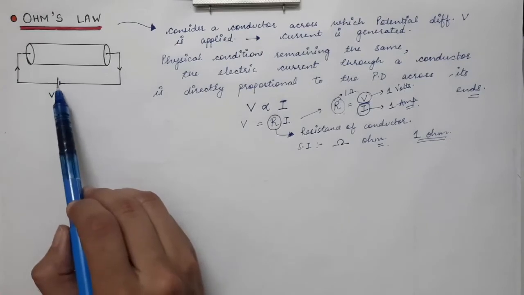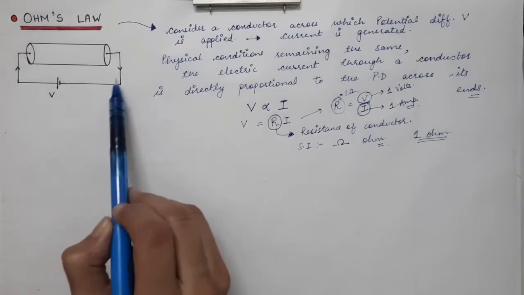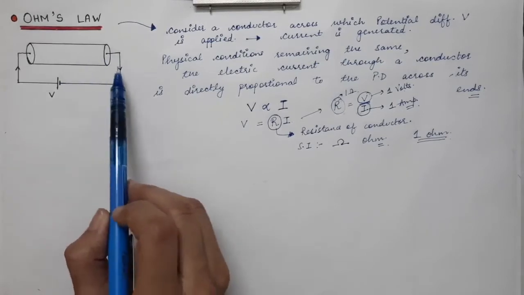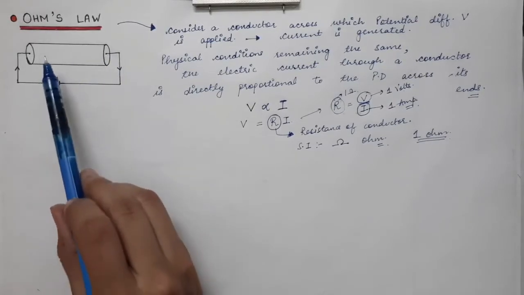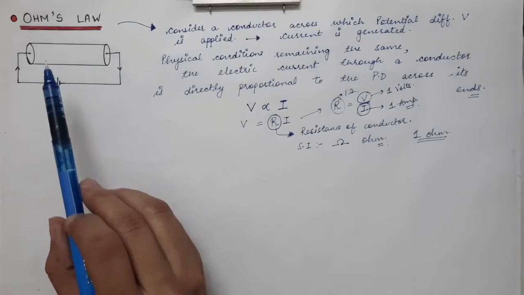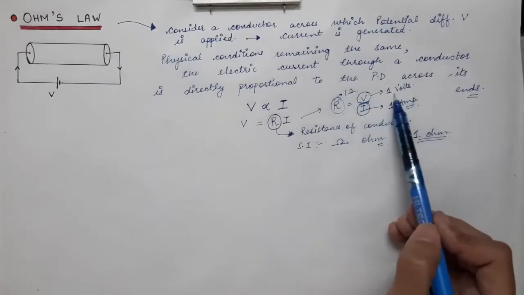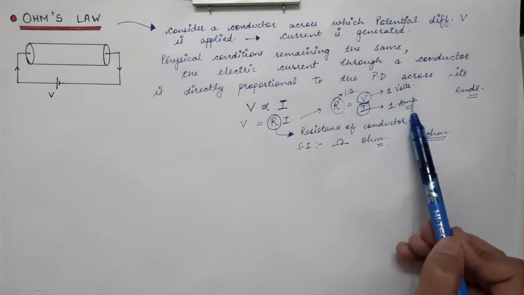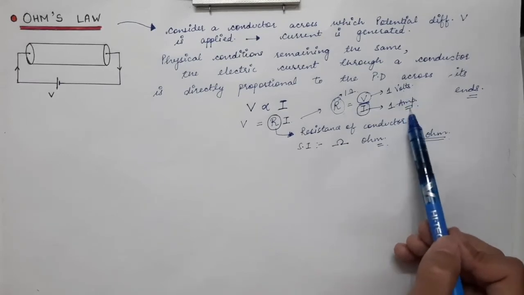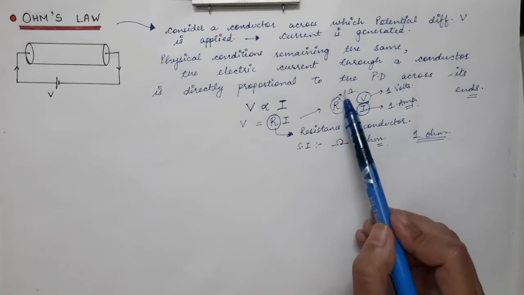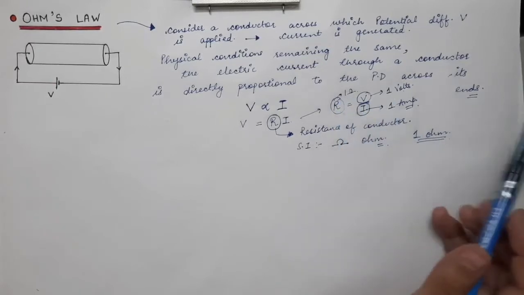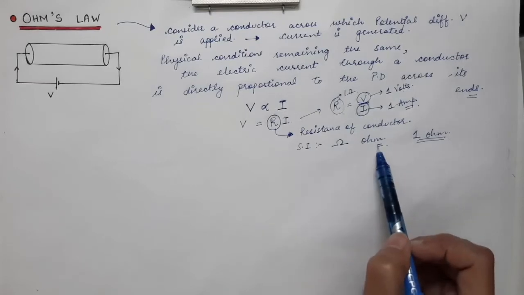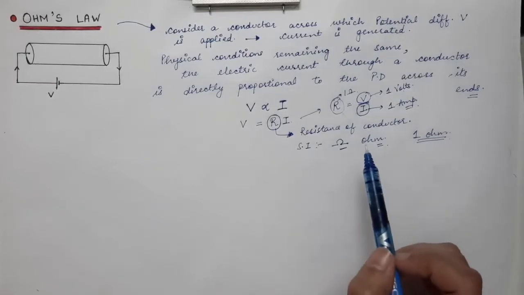So if for applying 1 volt of potential difference across the conductor, 1 ampere of current is generated, then the resistance of this conductor is said to be 1 ohm. So the unit of resistance is the ohm, represented by this symbol.